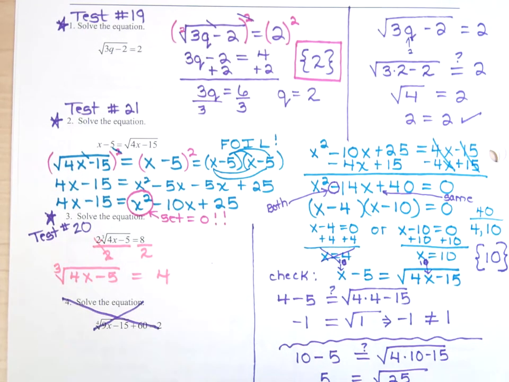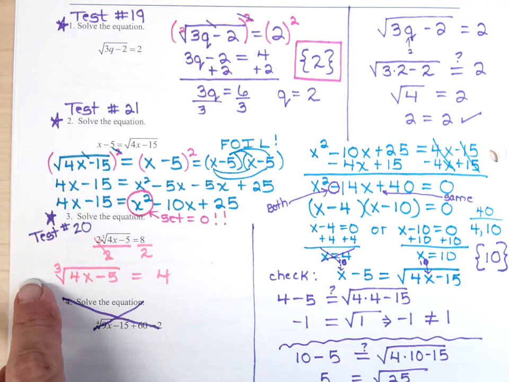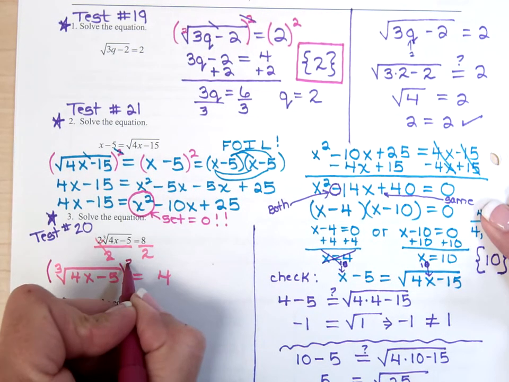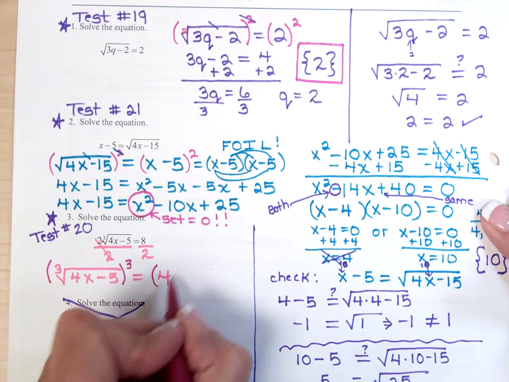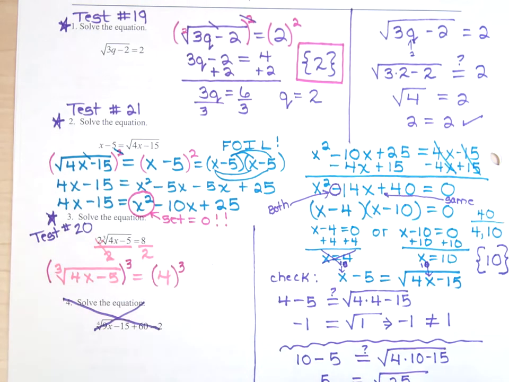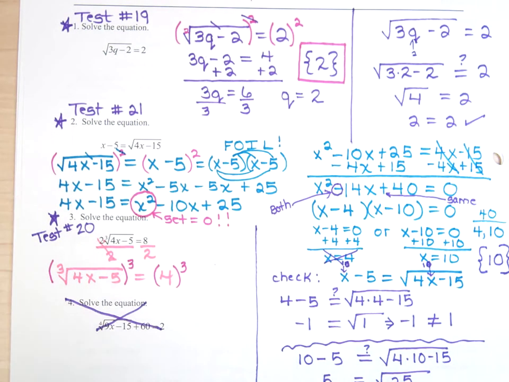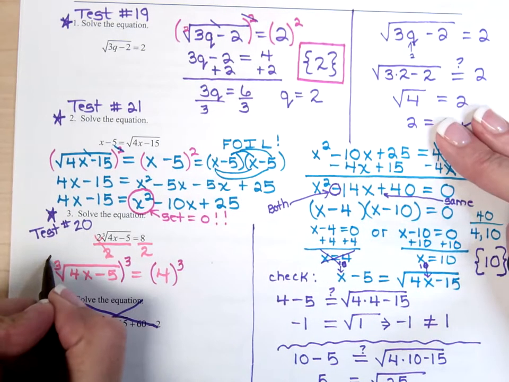Okay, now our radical's all by itself, nothing's outside, so that means it's time to undo the radical, which means cube both sides, because notice on this one my index is 3. I'll do it in black, just so it looks different.